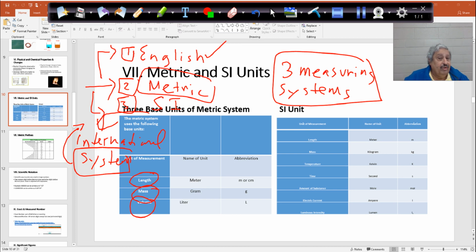Well, it turns out metric is always power of 10. So it's easy when you have exponents, you don't deal with a lot of fractions, correct? The English and the SI measuring systems have fractions in them. That's a headache, sometimes.